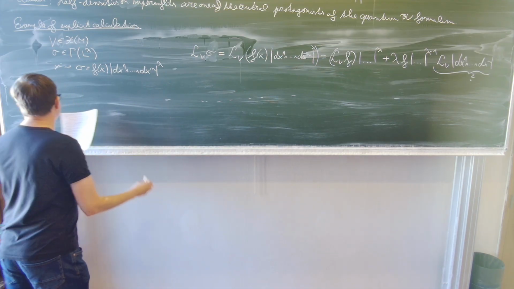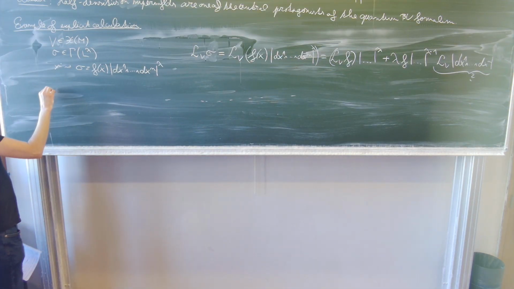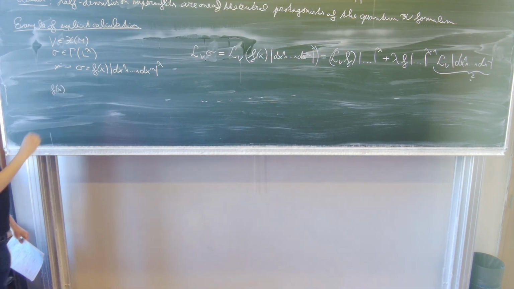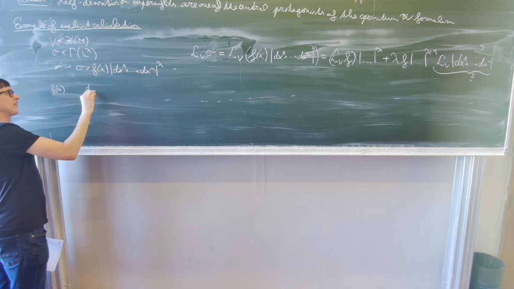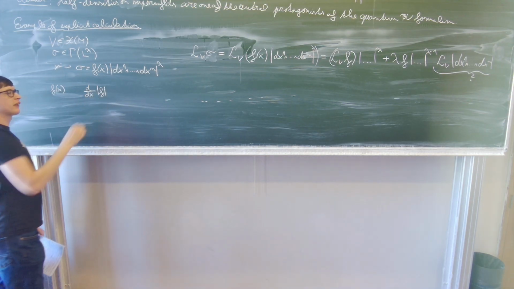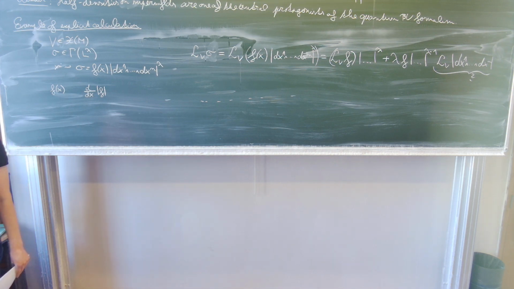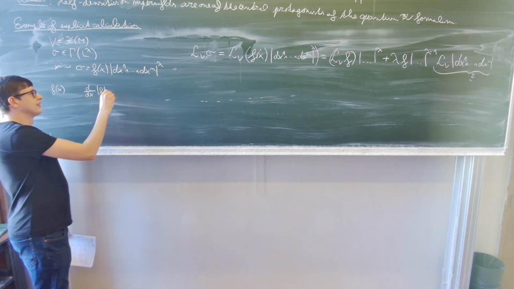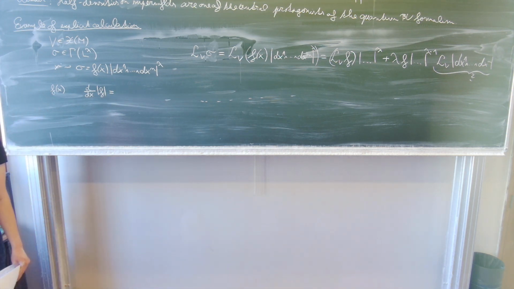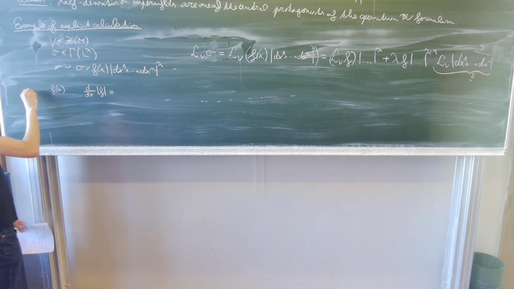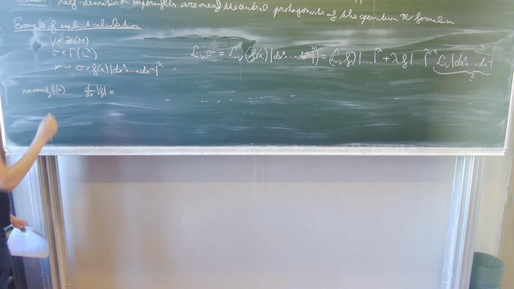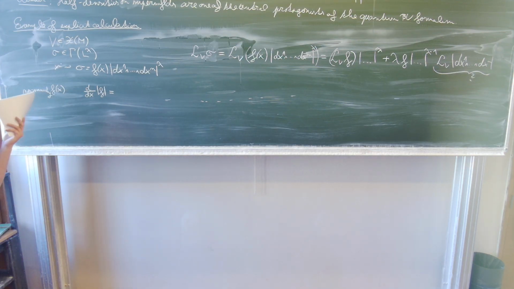Well, and here comes the fun fact. If you have a function of one variable, and you calculate the derivative of the absolute value of that function, what is this? Let's say f is non-vanishing, so f can be either positive or negative.